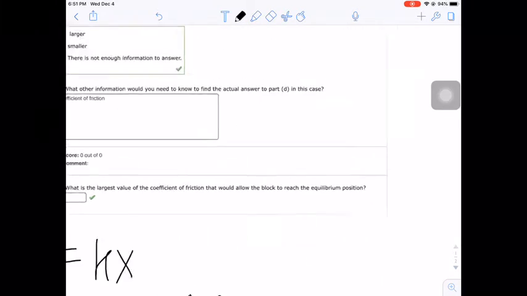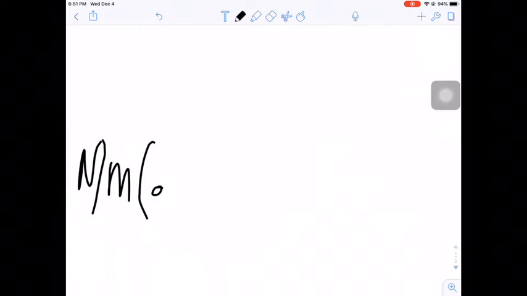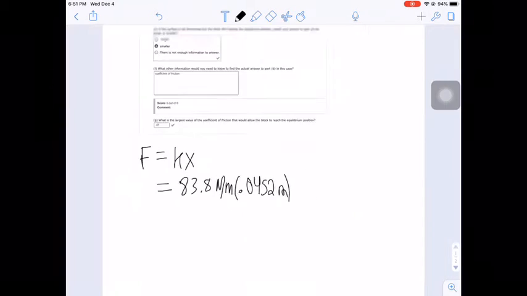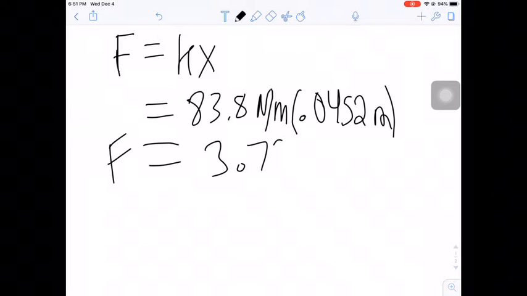This is where you have to watch out, because you have to convert. Make sure you convert, or else you'll get a different answer. Students always tend to forget conversions. And we get that the force is equal to 3.79 newtons.